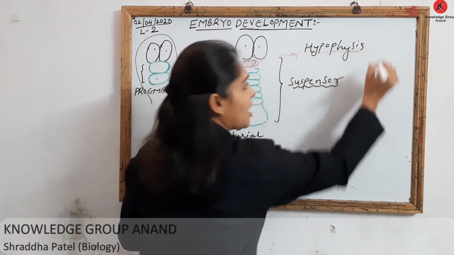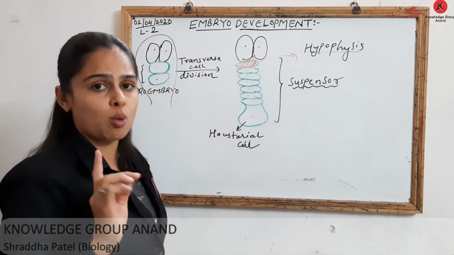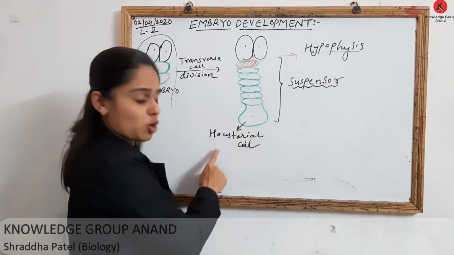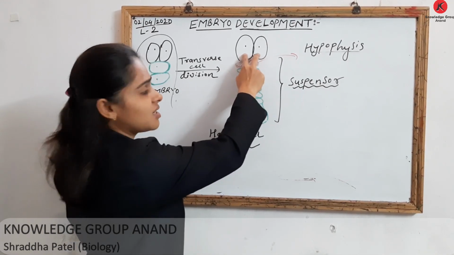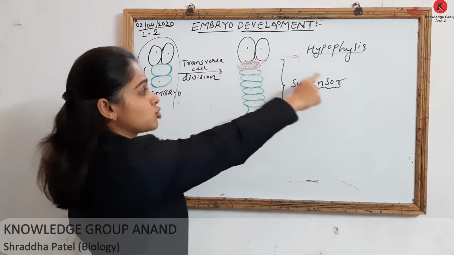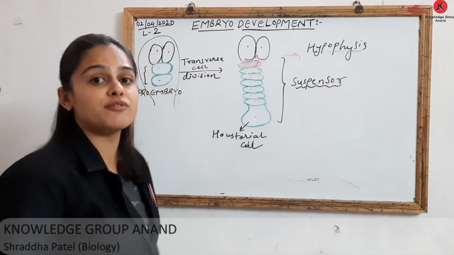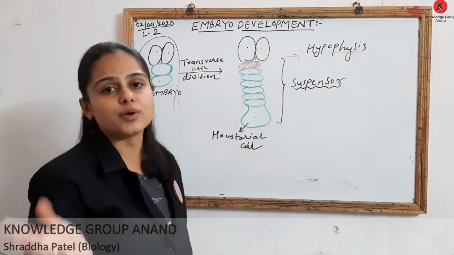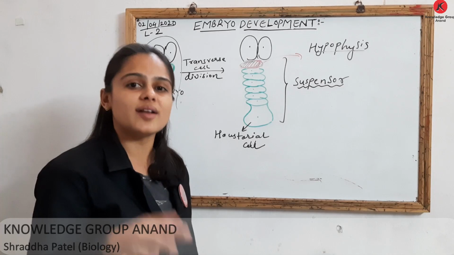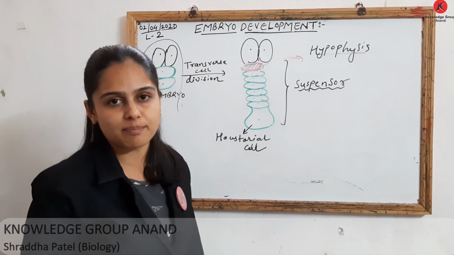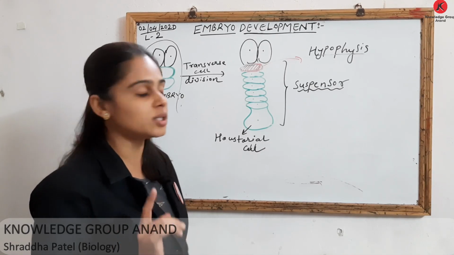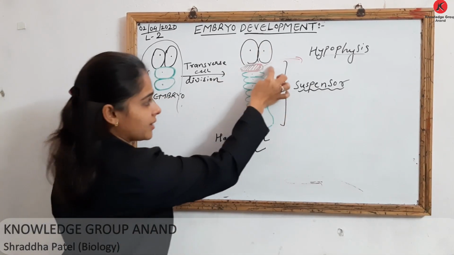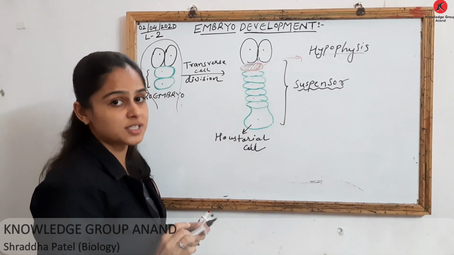What is it called? Hypophysis. Look once again, what did I call the bottommost cell? Haustorial cell, and the cell in connection with the terminal cell is called the hypophysis, which later on results in formation of your radicle and root cap. Am I clear? And this structure is called your suspensor.